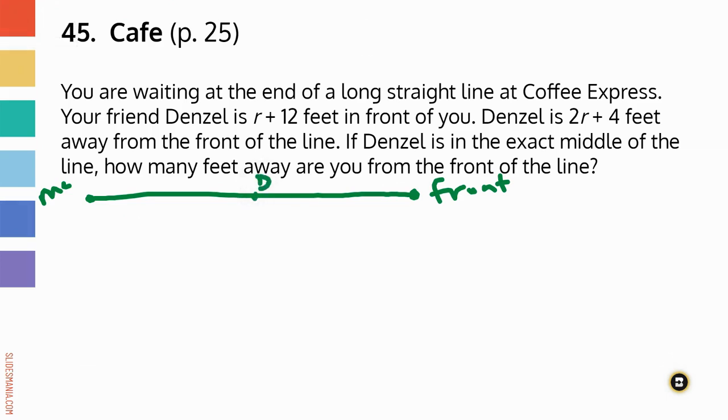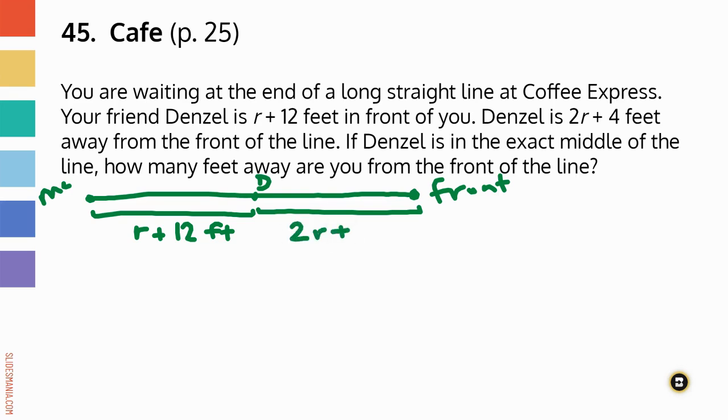So that's Denzel, D. Okay, so it tells me Denzel is r plus 12 feet in front of me. So I know from here to here is r plus 12 feet. And then from Denzel to the front, it says it is 2r plus 4 feet.